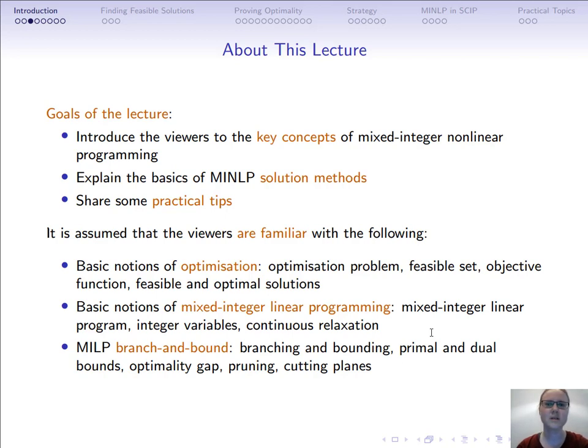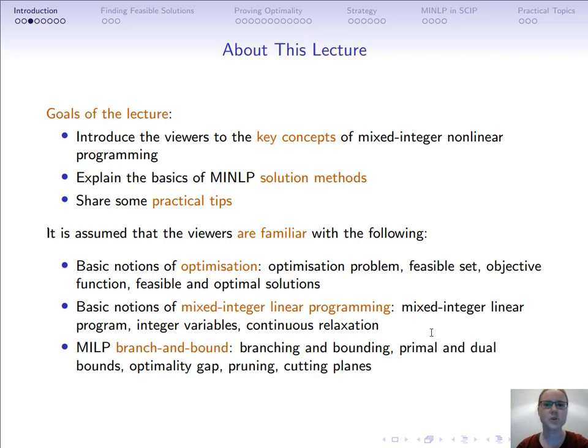More specifically, the viewers are expected to have some knowledge of mixed integer linear programming, such as what a mixed integer linear program is, what is an integer variable and why it adds difficulty to optimization problems, and what is a continuous relaxation, and so on.